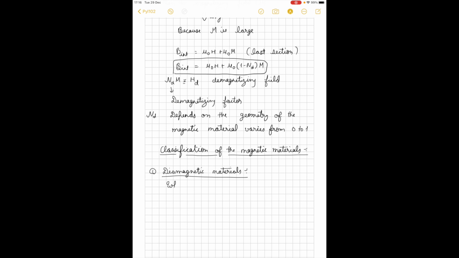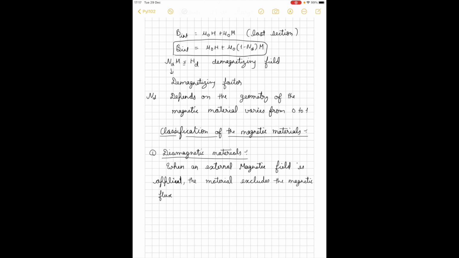So when an external magnetic field is applied, the material excludes the magnetic flux. This is what the diamagnetic property is.